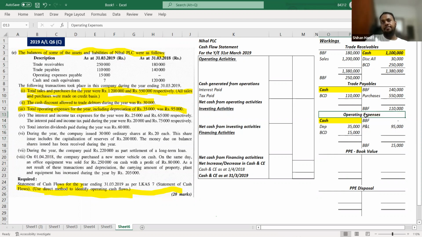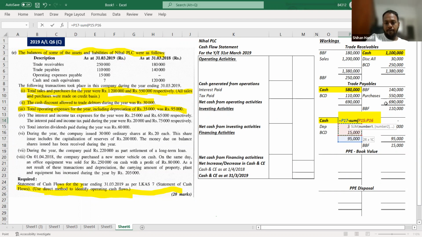This is the operating expenses control account. This has opening balance, closing balance. That means prepayment, payable, everything. Remember this part because in most of the questions we will get operating expenses with depreciation.